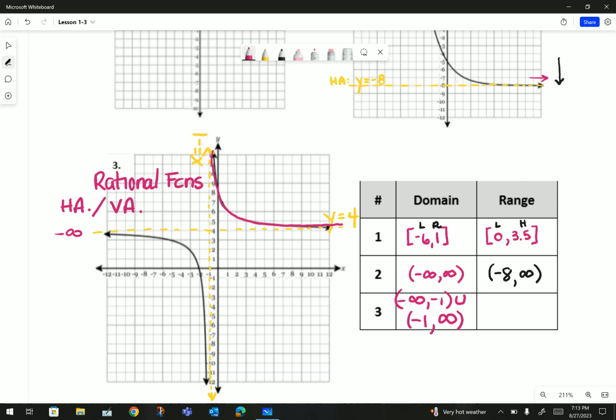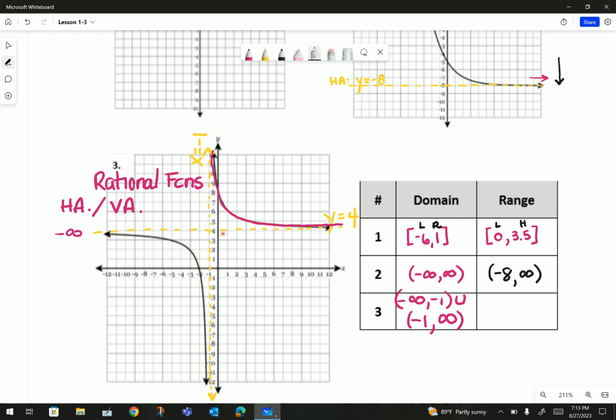Okay, now as far as range, same thought process. We are going to start from the bottom. Notice that our graph goes down forever, but it keeps going up, and right when it hits that horizontal line, it stops right here at 4.